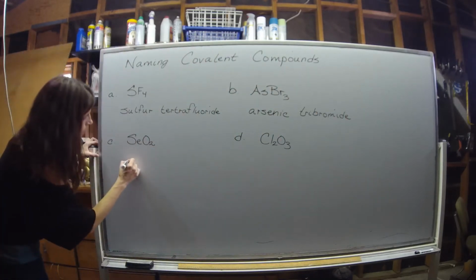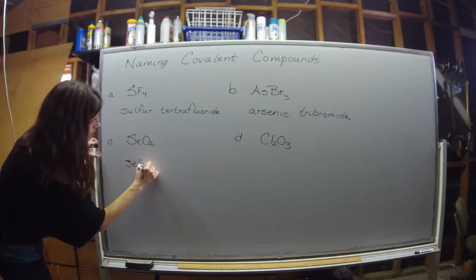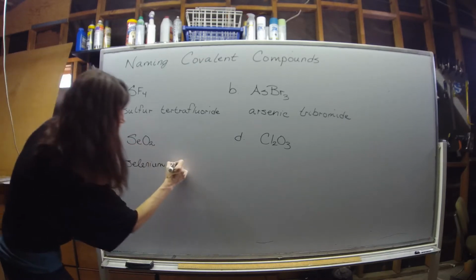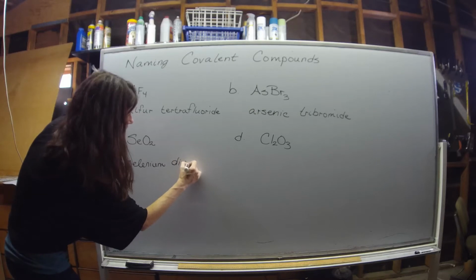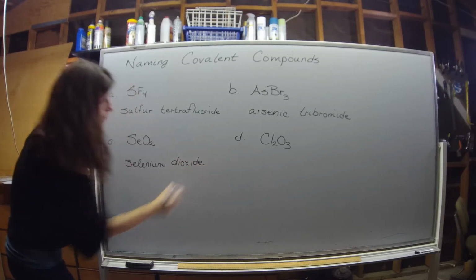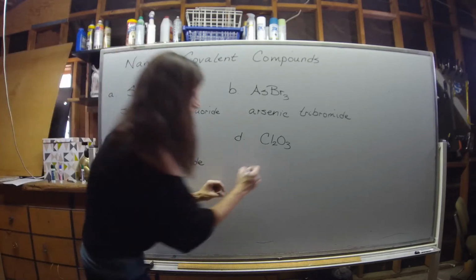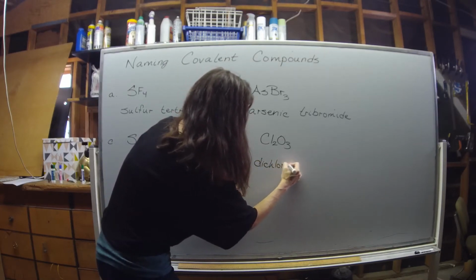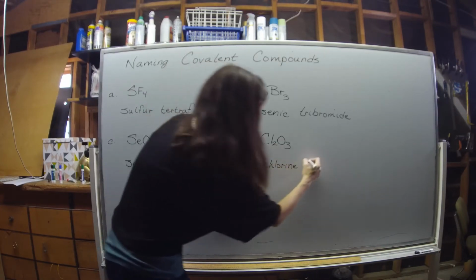Letter C, we're going to do selenium. Keep the name of the first being the same, and then we'll do dioxide since there's 2 oxygens. 2 chlorines, so I'm going to do dichlorine, and then trioxide.